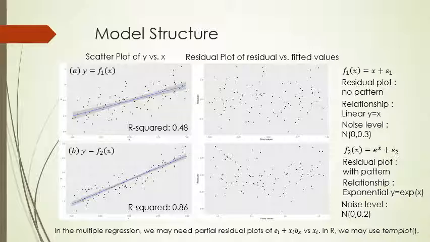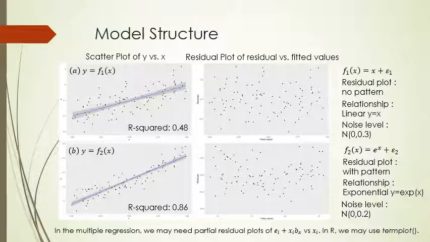Partial residual plots can help isolate the effect of the given x on y. The plot is simply e_i plus x_i b_x versus x_i, where b_x is the estimated coefficient for the given x.